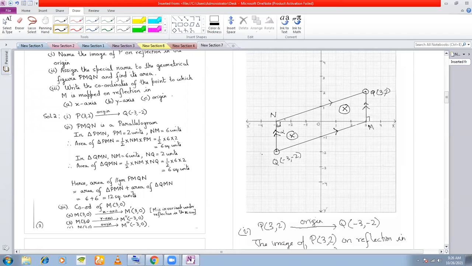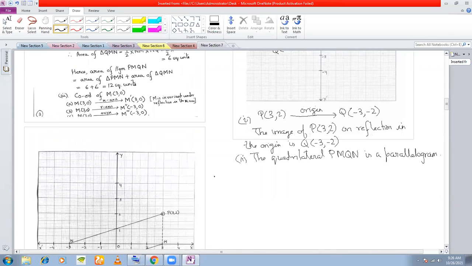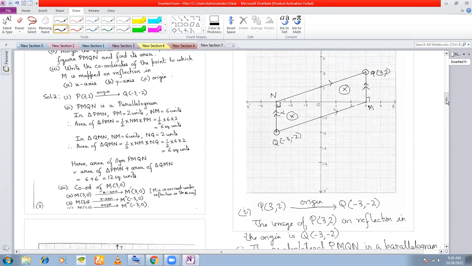If I want to find the area of this parallelogram, I can find the area of these two right angle triangles, add them, and I will get the area of the parallelogram. So let's write this. Area of parallelogram PMQN is equal to area of triangle PNM and QNM.